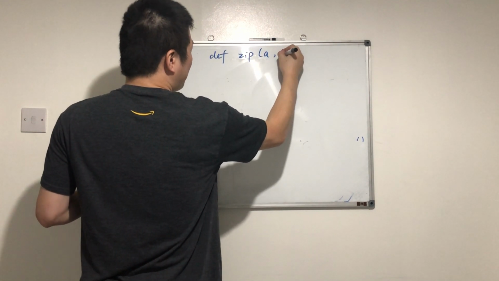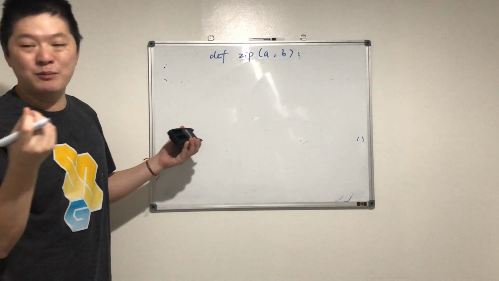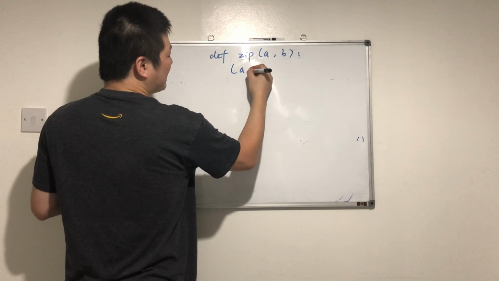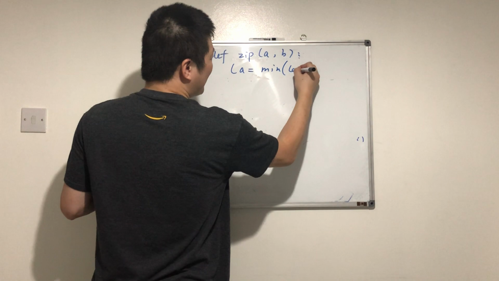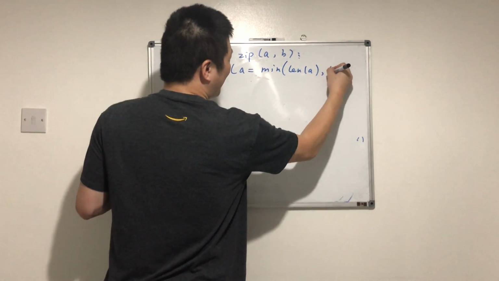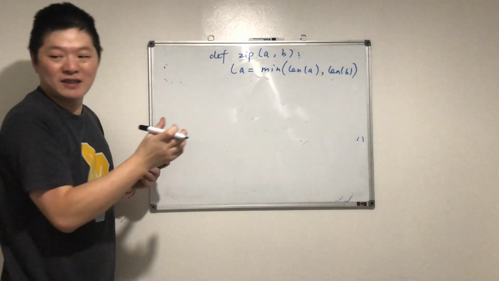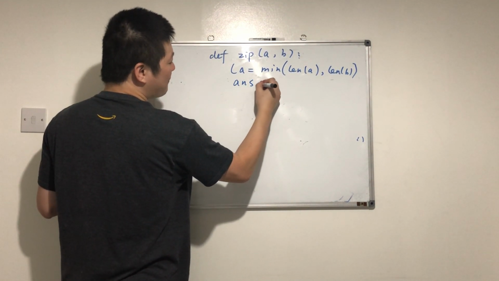So let's define the zip function. Zip A, B. First of all, we want to learn the length. The length will become the min of these two, right? Length A and comma, length B. So now I have this smaller length. And I can have the answer if I convert it to a list.